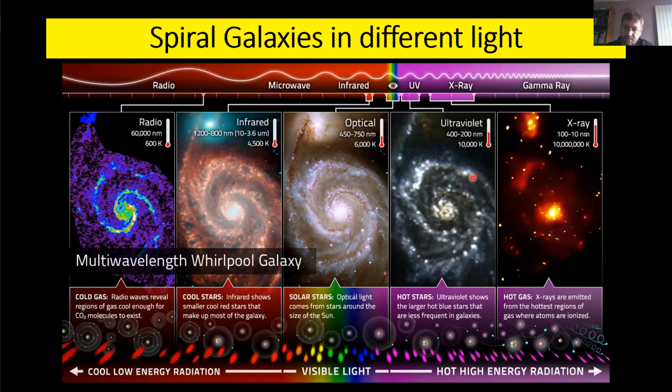The next thing is we can, of course, look for extreme objects, which would accelerate any gas nearby extremely, therefore creating plasma. The plasma will create, again, jets or very high energetic radiation, or comparably high energetic radiation like X-rays.